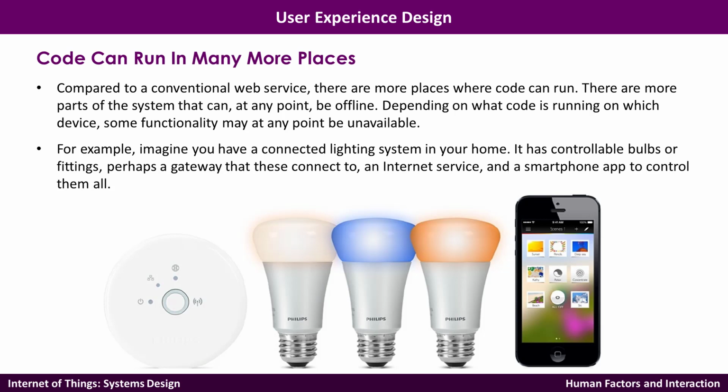Then over the internet, or over the local area network, it might be connected to the phone app, and there's an app running on the phone. And then another piece of code might be on the web server, which communicates directly with the hub. So even in a simple case like this, there could be 4 different places the code could run.